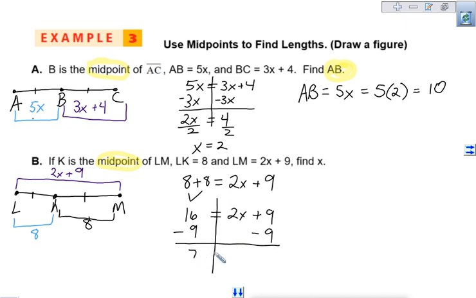So we have 7 equals 2x. Divide by 2 on both sides. So x equals 7/2. Is that my answer? It actually is this time, because it just asked us to find x.